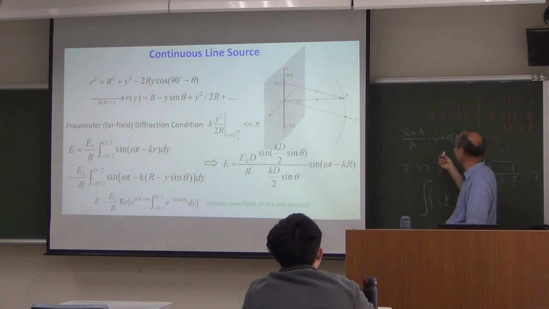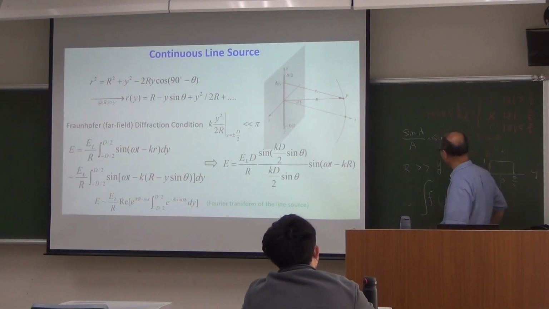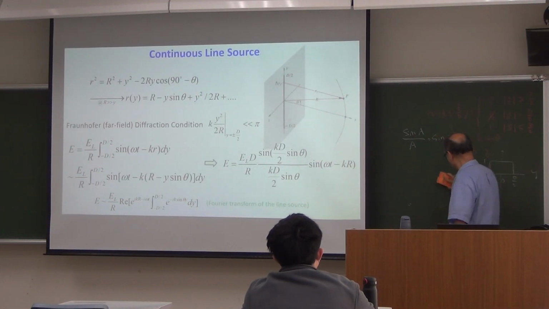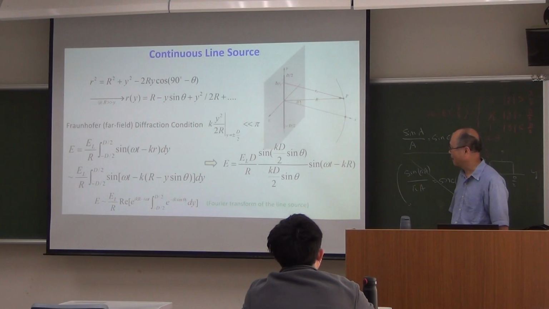But in some definitions, you have pi: sine pi A over pi A equal to sinc A. And this is called the normalized sinc function. We don't do this. In this class we will adopt the unnormalized one. So this is a sinc function of the same argument.